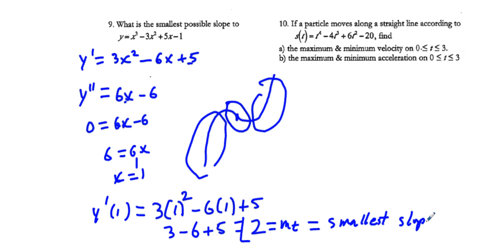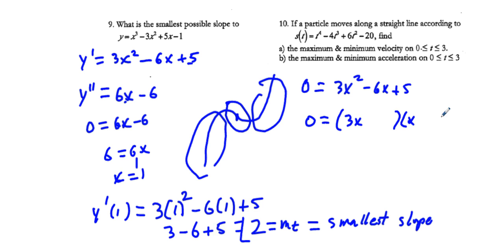Just to check, I'm going to be sure and try to figure this one out. Let's see, if we try to find 0 equals 3x squared minus 6x plus 5, we're going to have 0 equals 3x, x, and we're going to have, let's see, 5 and 1.